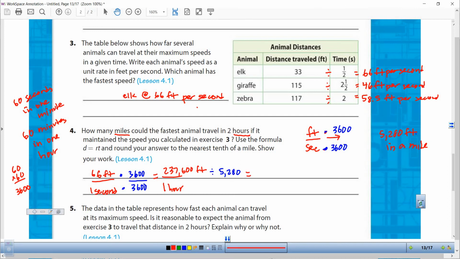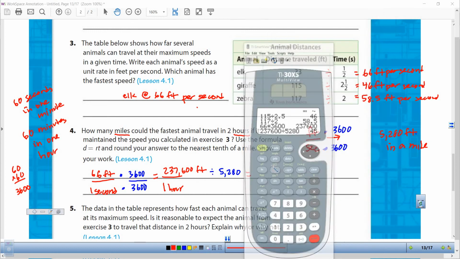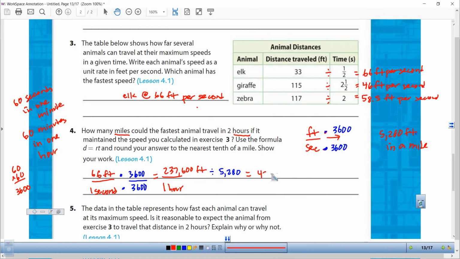So I'm going to go to my calculator and I'm going to go 237,600 divided by 5,280, and I get 45. Woo! 45 miles per hour.